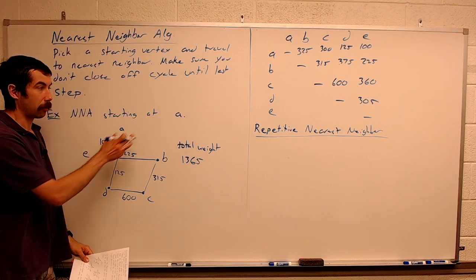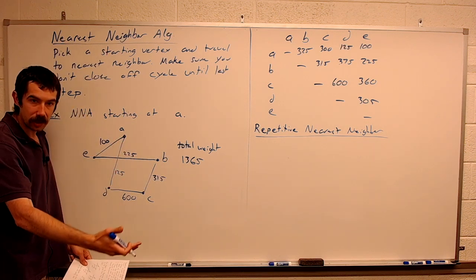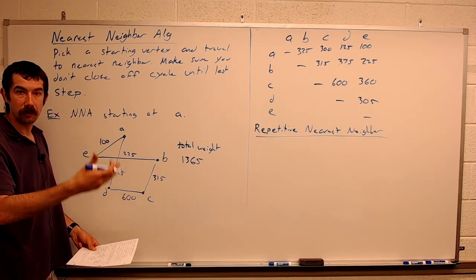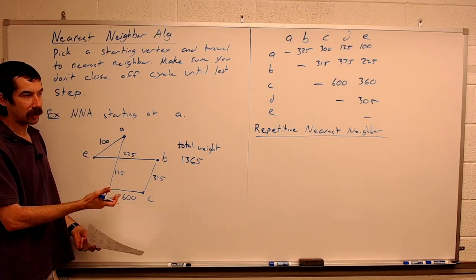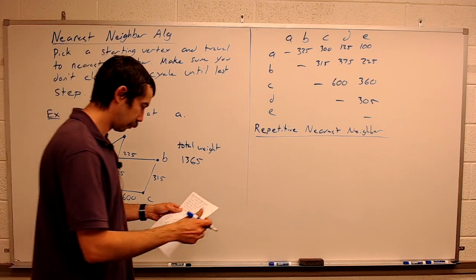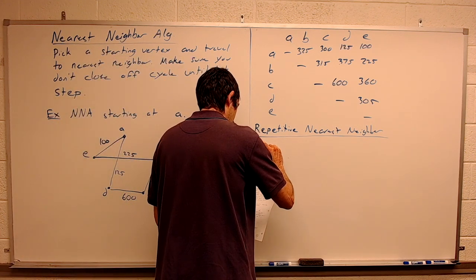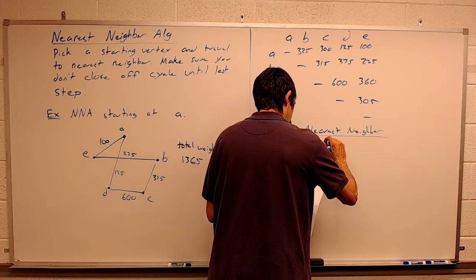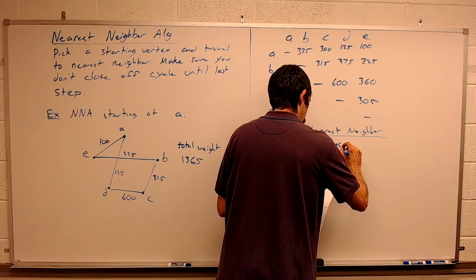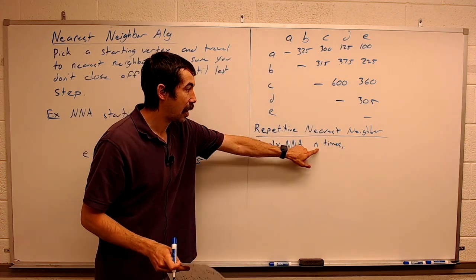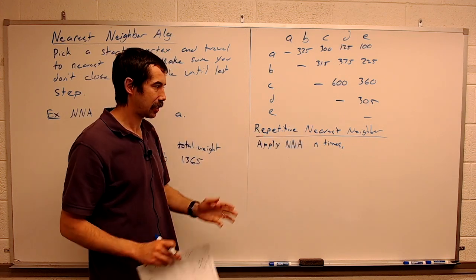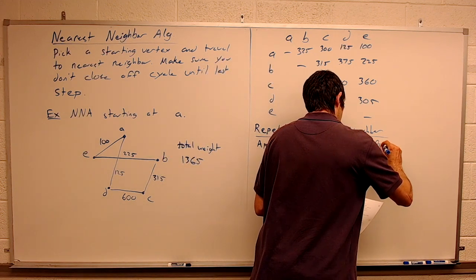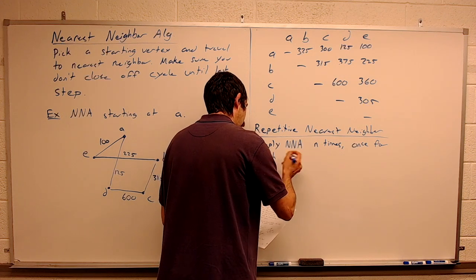Okay, so we would do it starting at A, then again starting at B, then again starting at C, and so forth until we get to every single vertex. So instead of doing it once, we would do it 5 times in this case. So we're going to apply the nearest neighbor algorithm n times, once for each starting vertex.